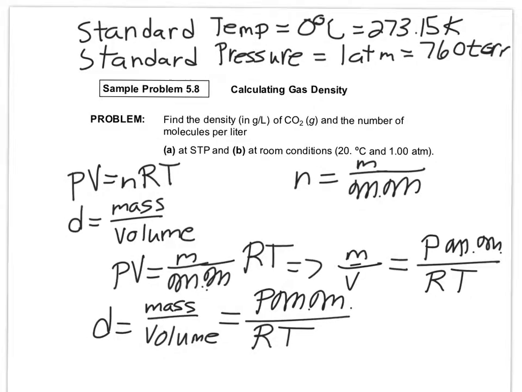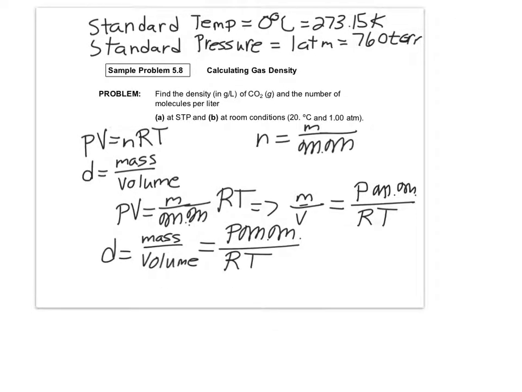And we have all those things available to us here in this problem, right? The pressure is 1 atmosphere, because they said it's standard temperature and pressure. The molar mass of CO2, I've got 1 carbon, 12.01, plus 2 oxygens.